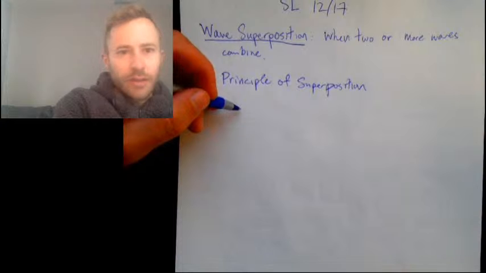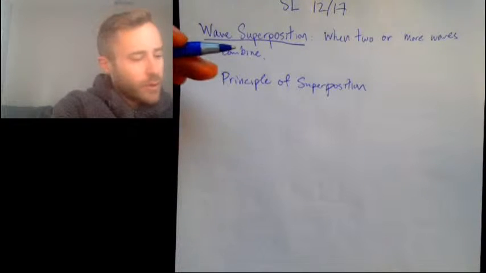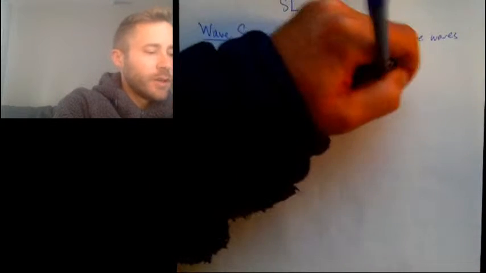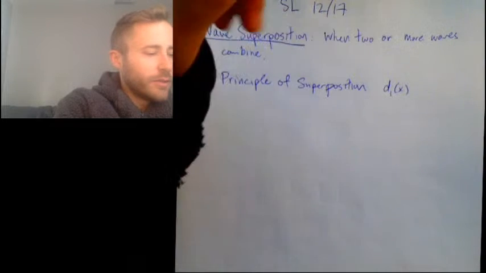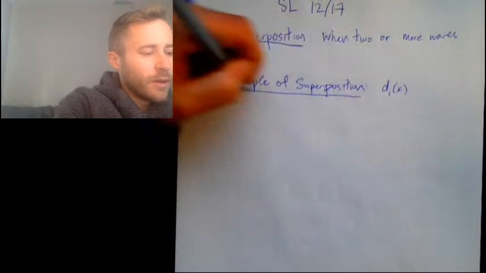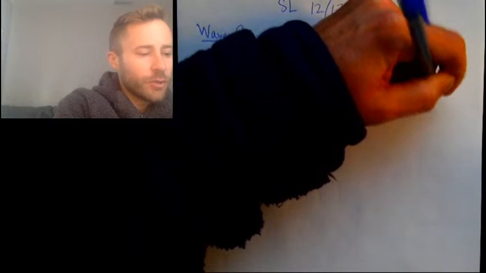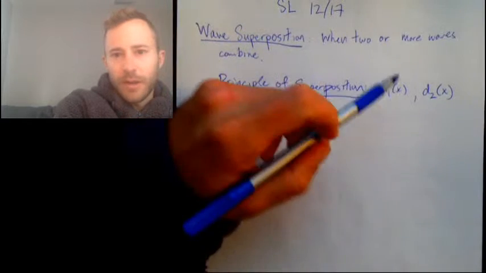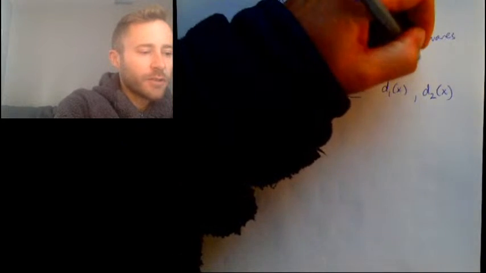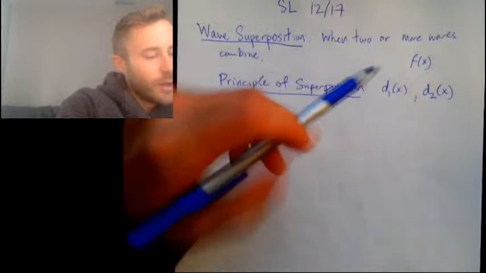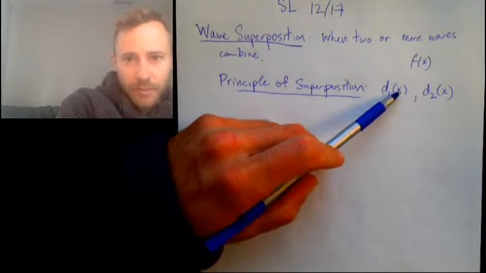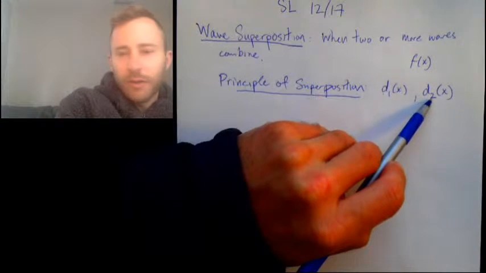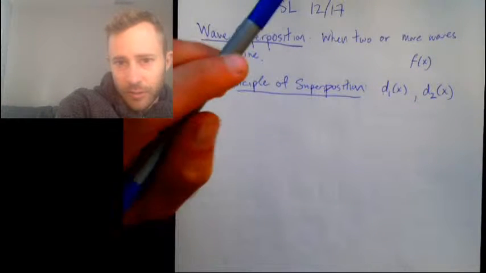And what that says is if you have two waves, d1 of x and d2 of x, think about this like a function f of x: the displacement of wave 1 as a function of position and the displacement of wave 2 as a function of position.